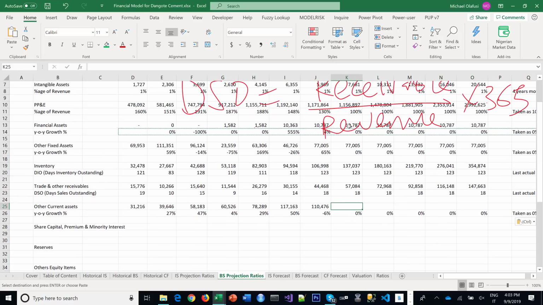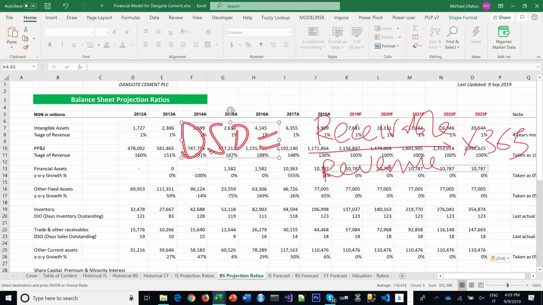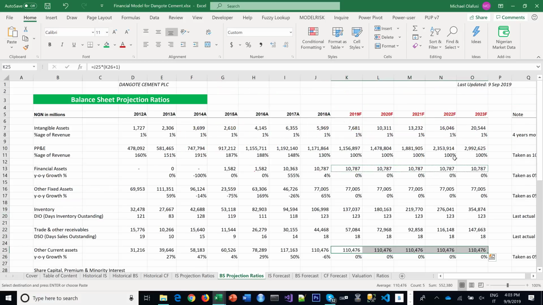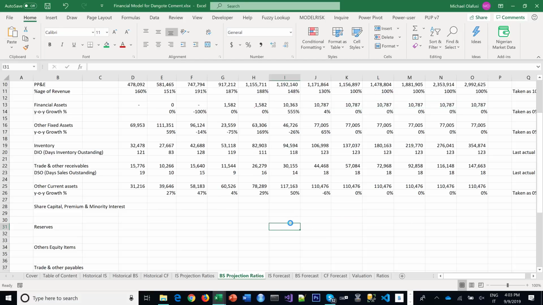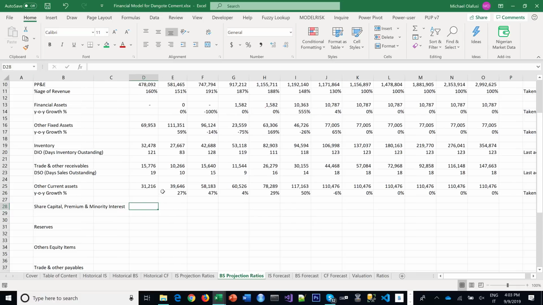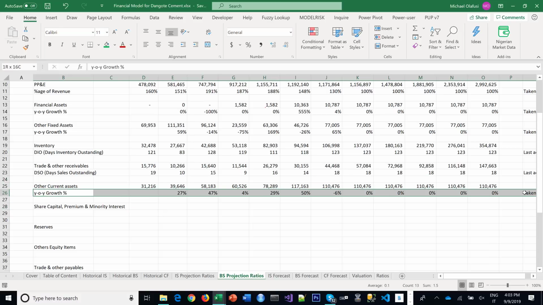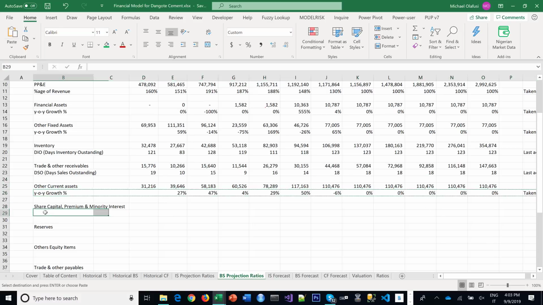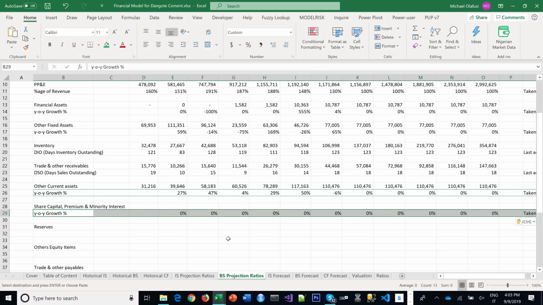And I go pick, I think at this stage I should take this out, it's blocking. Okay, so the company's share capital and such like, are they planning to raise new capital or not? If I don't know, I assume that they will just maintain the status quo.